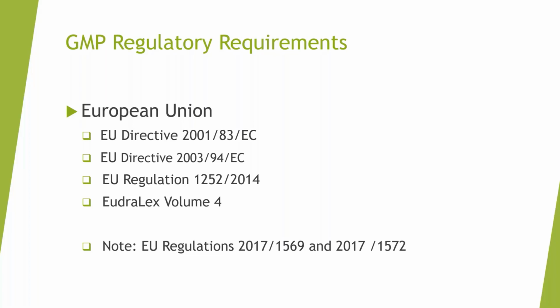And within Europe, the GMP principles and guidelines have been further detailed in a series of documents referred to as EudraLex Volume 4. That is split into two main parts, part 1 for medicinal products and part 2 for active pharmaceutical ingredients, and it's supplemented by about 19-20 annexes. Okay.